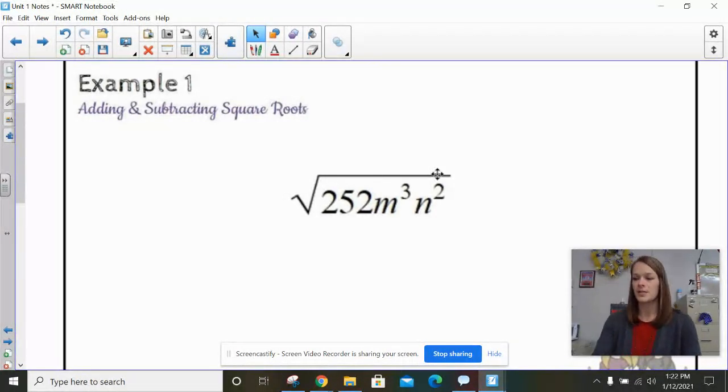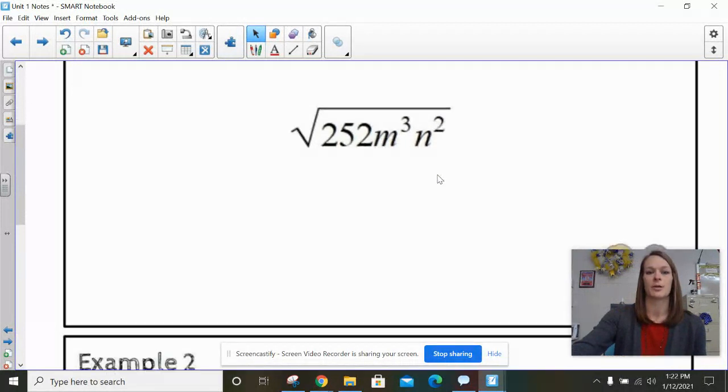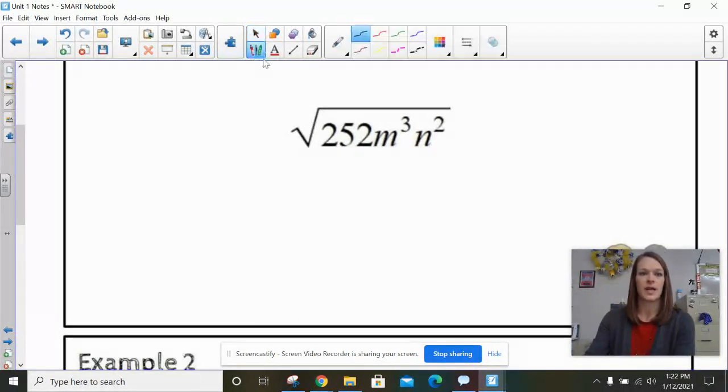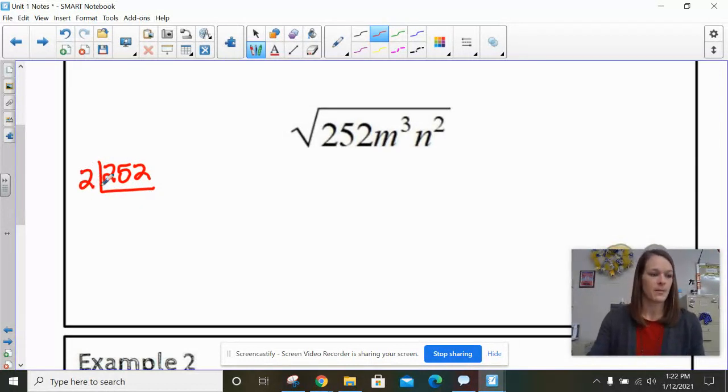Okay. So the first thing I'm going to do is work with my number. I am going to take 252 and break it down. I know I can divide that by 2 and get 126. I can divide that by 2 again and get 63.